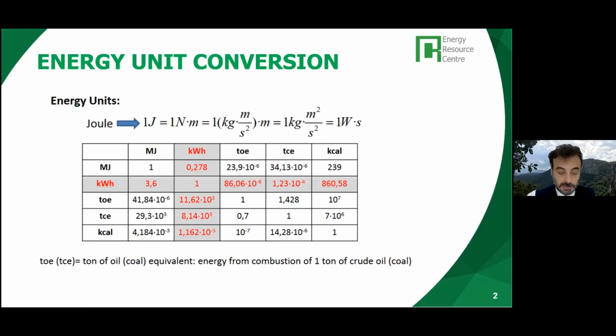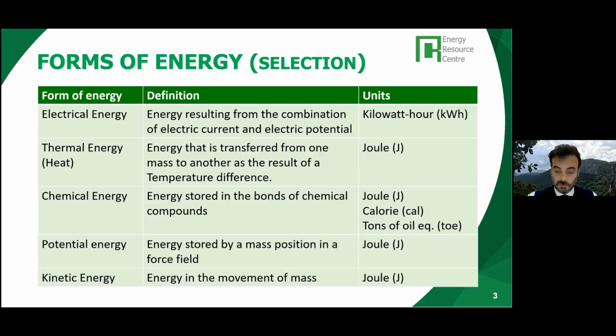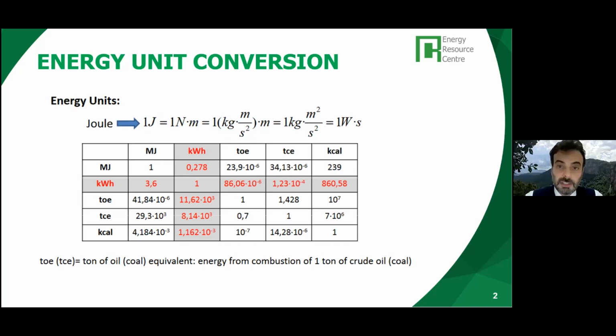So we start by remembering the energy unit conversions. In the energy sector, we can use different units to refer to the magnitude of the energy streams and quantities that we are considering.